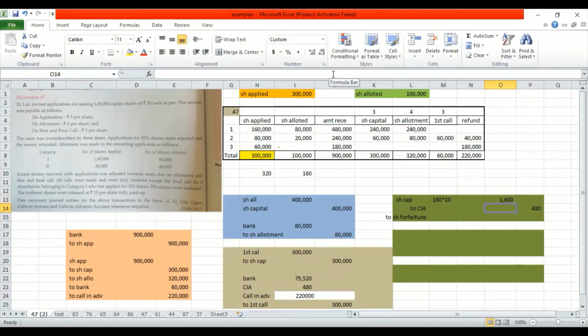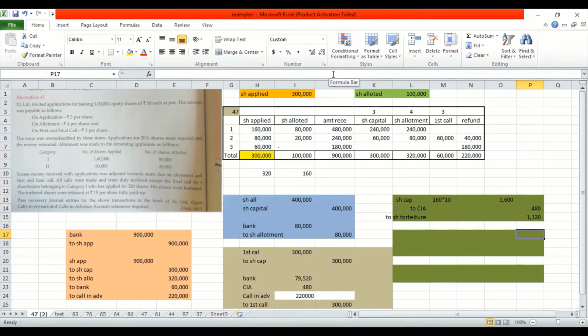Now, he has not paid you the first call of 3 rupees, he did not pay 3. What does that mean? He paid you 7. So 160 into 7 if you do, you will get your answer. All right. So this is how you understand what is share forfeiture. Don't go by the balancing figure all the time, because this share forfeiture is something which is useful in the next entry as well.